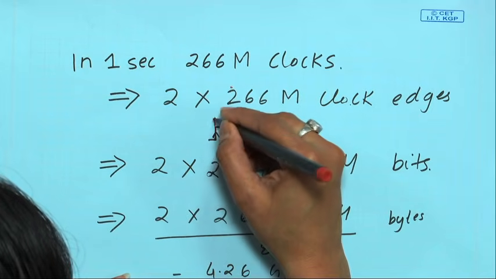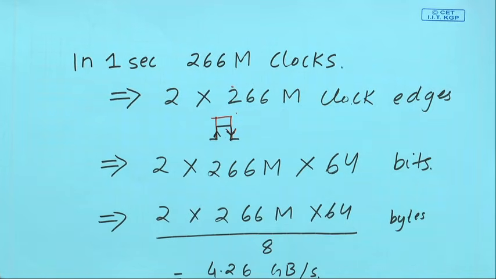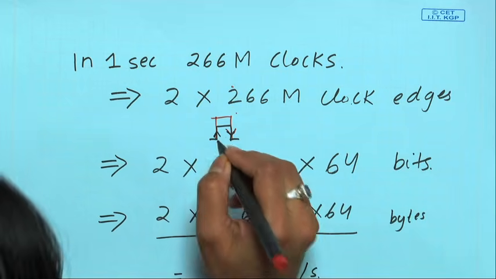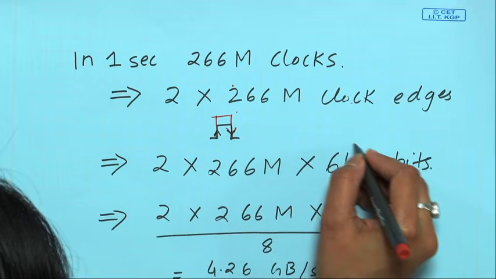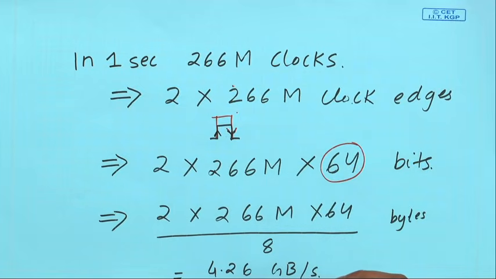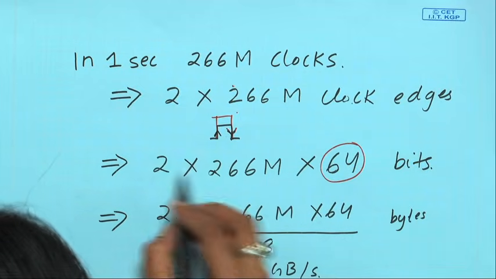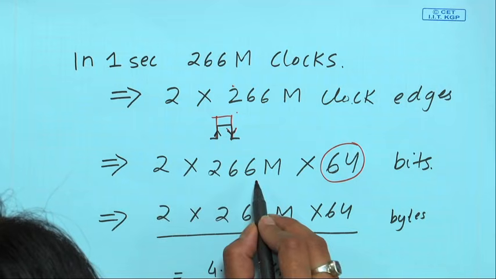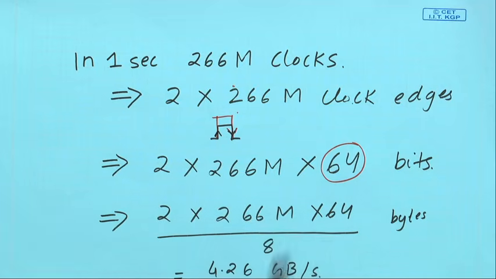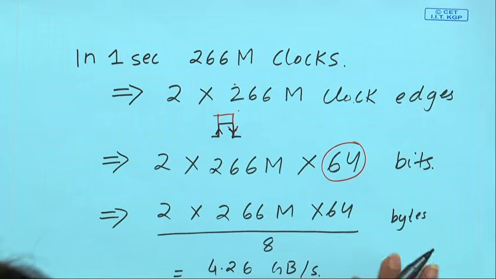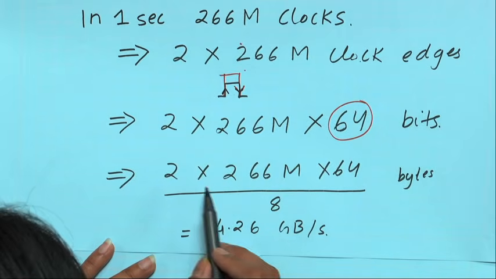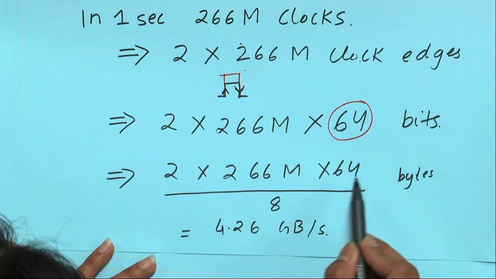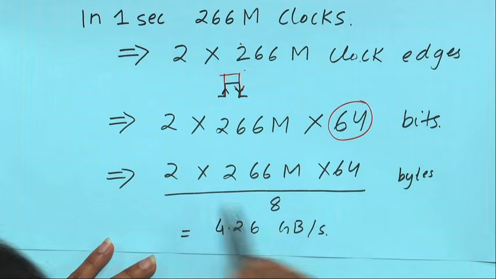In each rising edge and each falling edge, 64 bits of data will be transferred. So, a total of 2 into 266 into 64 bits will be transferred. If you want to convert this into bytes, it will be 2 into 266 into 64 divided by 8 bytes.